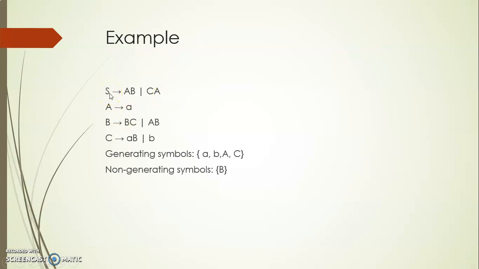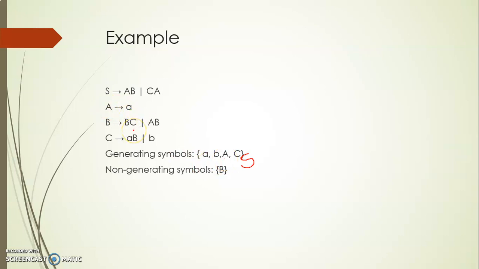So for the time being, I am not including S. Next, when I consider the second production A tends to small a, here we have only a terminal symbol as the option. So I can include A as the generating symbol.